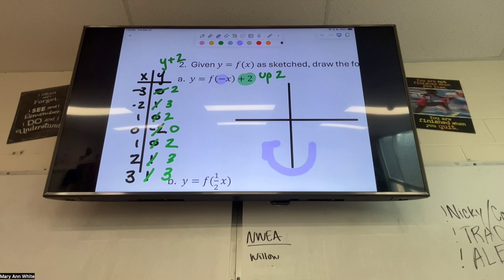Normally I do the opposite operation here, but if I multiply or divide by -1, it's the same thing. So this is going to flip across the Y axis. And so I'm going to take all my X's and multiply by -1. So that just means they all switch. And then now I have all these new points.